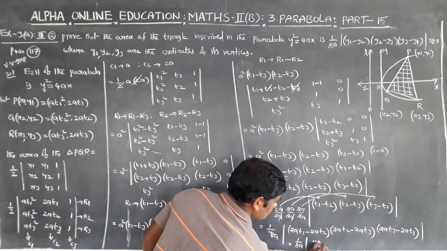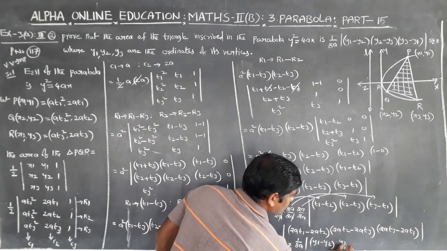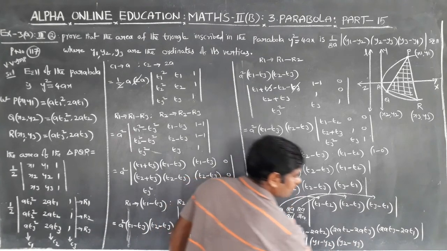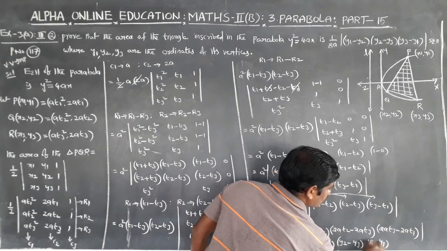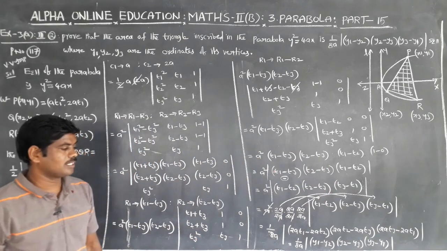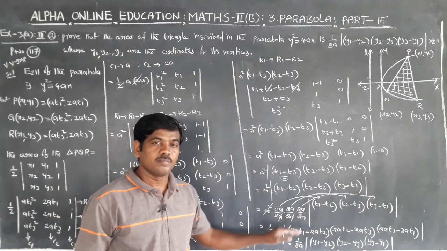So Y1 minus Y2, 2A T2 is equal to Y2, 2A T3 equal to Y3, 2A T3 equal to Y3, 2A T1 is equal to Y1. This is the area of the triangle formed by the 3 points.